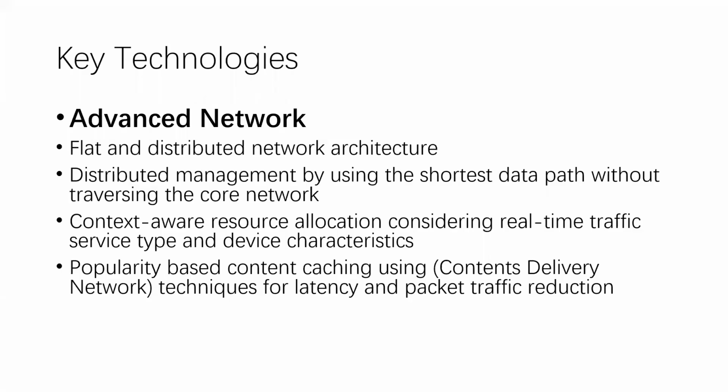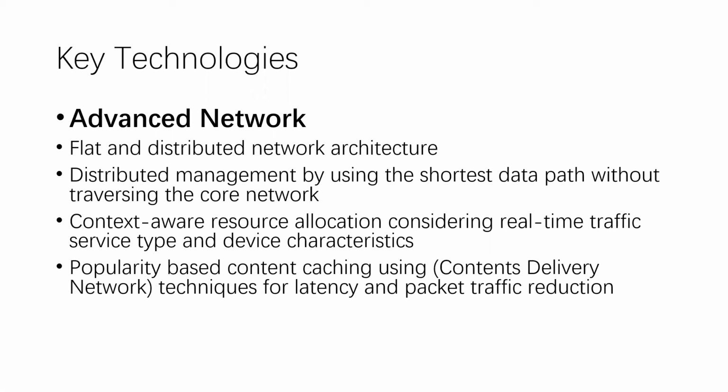Now in advanced network, what we want to have is a flat distributed network architecture. Distributed management providing the shortest data path without traversing the core network is what we want. So we want these features, and in addition, we want content-aware resource allocation considering real-time traffic, service type and device characteristics.